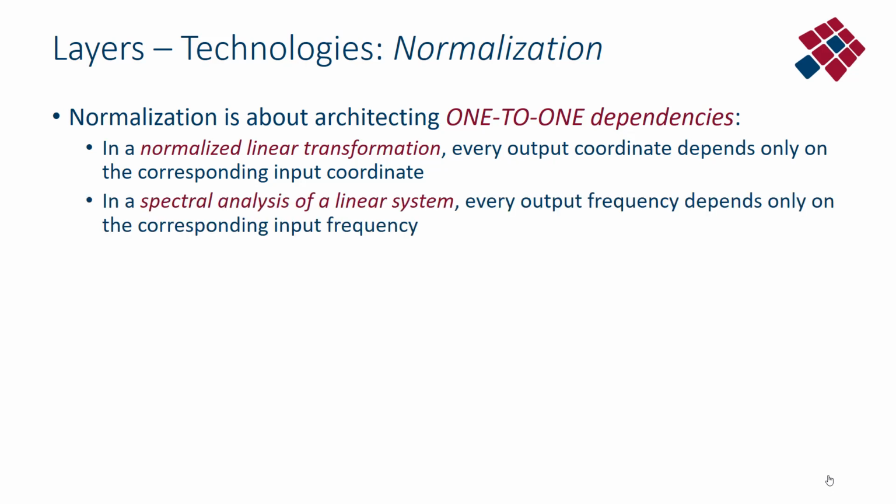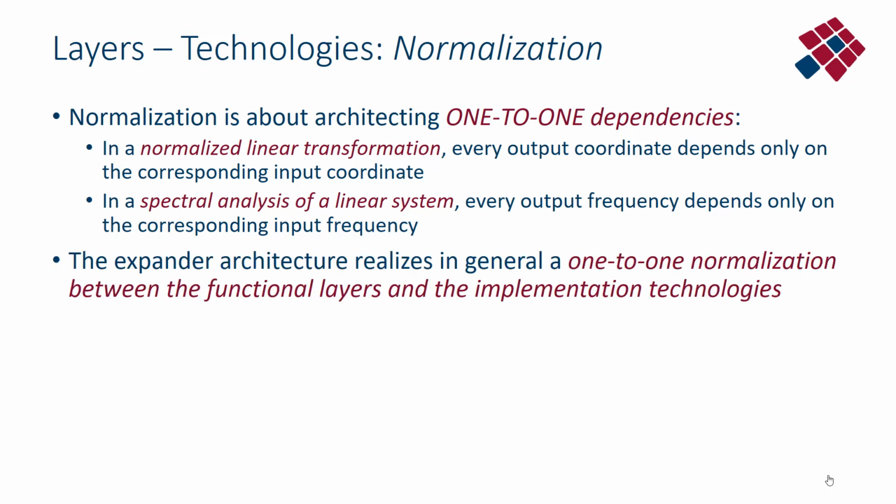Related to the spectral theorem, in a spectral analysis of a linear system, it's also a normalization. Every output frequency depends only on the corresponding input frequency, which is reduced complexity and makes it very interesting to analyze.